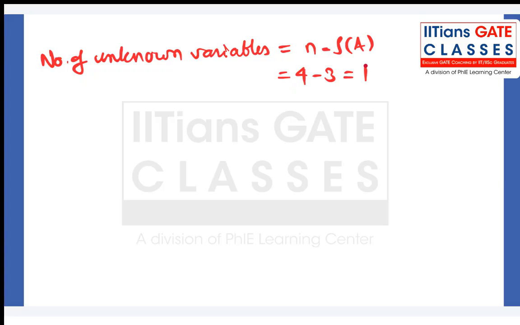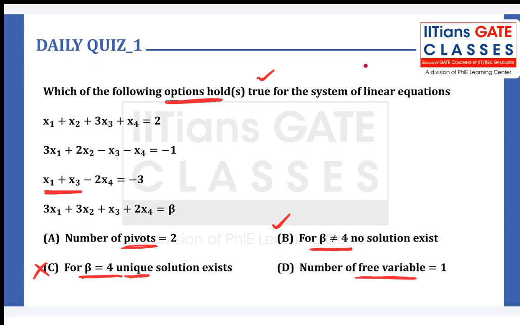Okay, but here I would like to tell you that they should have mentioned the number of free variables if beta is equal to 4. Okay, because if beta is not equal to 4, then there is no solution. Okay, so option D should be slightly modified.